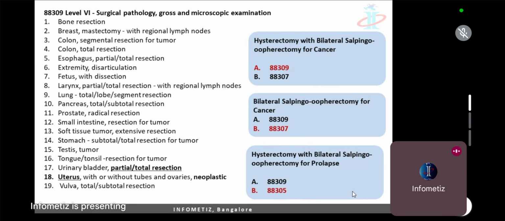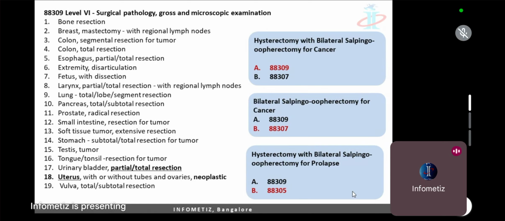Clear? And the good thing is you will get options on this, no? You do not have to code. You just have to find the correct answer out of 4 options. So better check all 4 options and see where the exact word is matching. In the second question, they have not given uterus. That is the reason we are choosing 307. If they give uterus also, it should be 309 then.